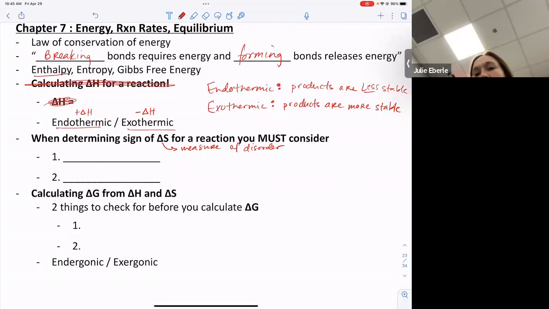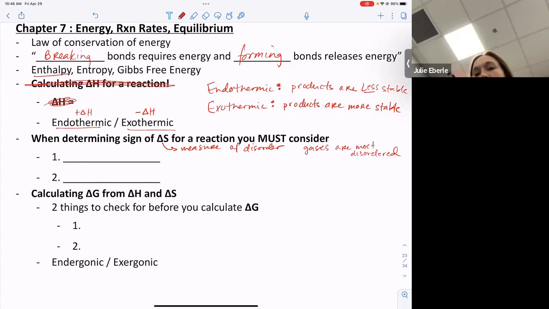And before we fill in these two blanks, we talked about solids, liquids, and gases. Which state of matter is the most disordered? Gas. Gases are most disordered. Solids are much more ordered, liquids are in the middle, gases are inherently most disordered.